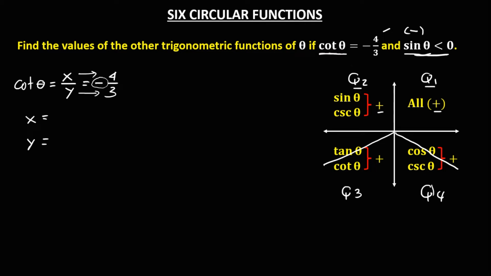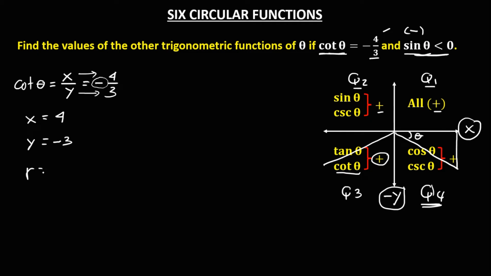Then since cotangent is negative and cotangent is negative in quadrant 4, theta is in quadrant 4, because in quadrant 3, cotangent is positive. So in quadrant 4, x is positive and y is negative. So from this given, x is positive 4 and y is -3.